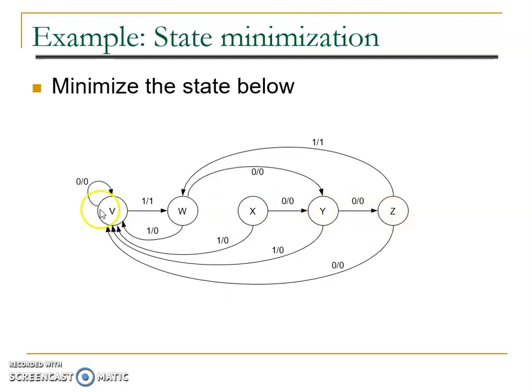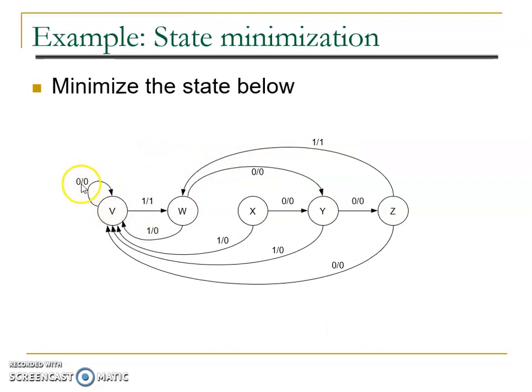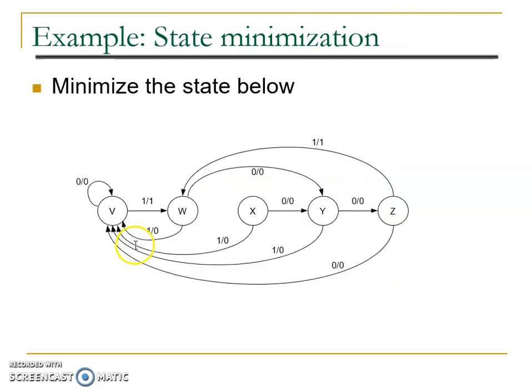So for state V, input 0 and input 1, the next state will be V, W. Output is 01. And then so on.